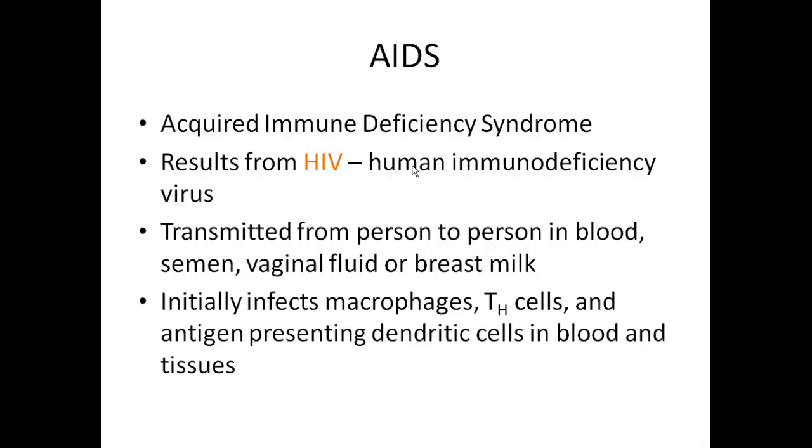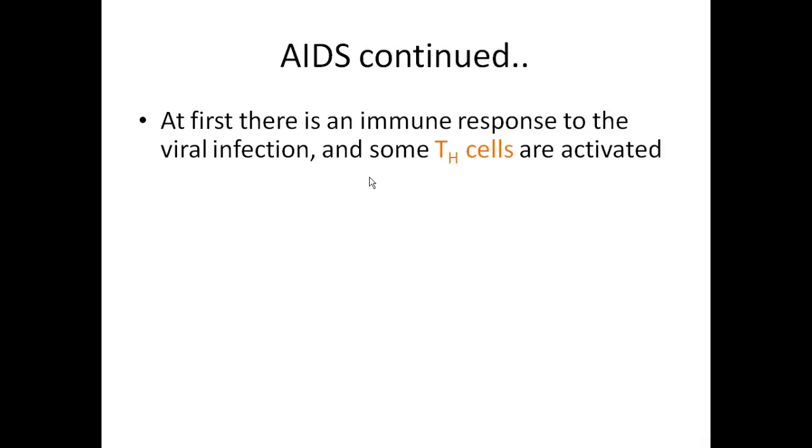Initially, it infects macrophages. It's attacking the white blood cells. Specifically, it's infecting macrophages, TH cells, and antigen-presenting dendritic cells in the blood and the tissues. So what happens once we have it in there? At first, there's an immune response to the viral infection, and some TH cells are activated.